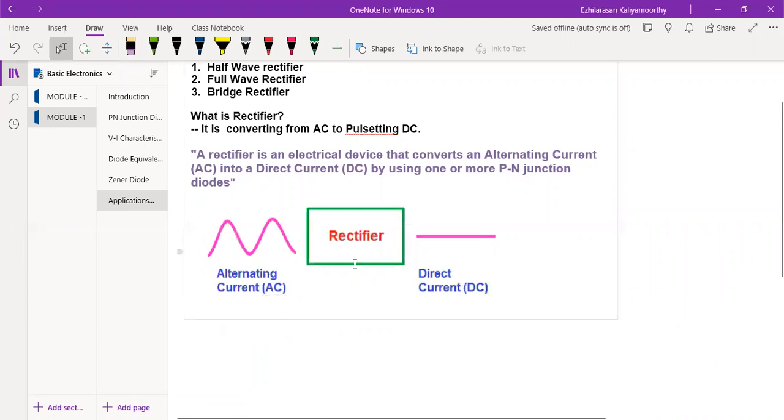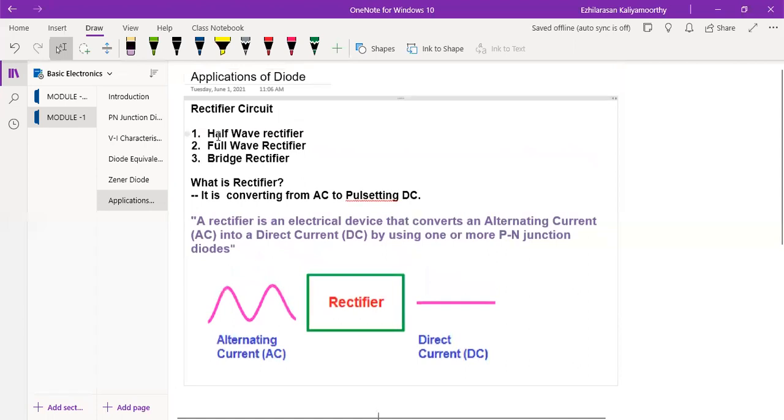So this is a rectifier: it converts alternating current to DC current. The alternating signal is the AC signal, and the output is a DC signal. It contains three different types of rectifier circuit: half wave rectifier, full wave rectifier, and bridge rectifier.